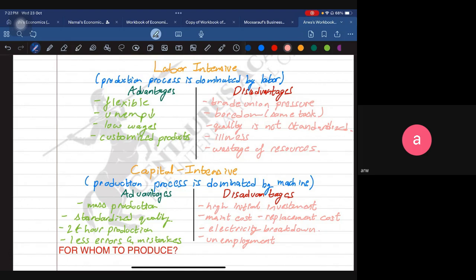Most of the times they do not make a trade union, but I do not say that there are no trade unions of skilled workers. There are, like the white collar unions. But a skilled worker is usually paid very high to work on those machines, so they will already be satisfied with the wages that they will be getting.